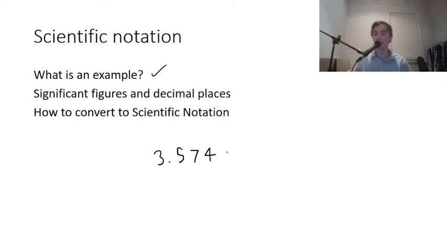Significant figures are all the non-zero numbers, except if I had a 1 here, I would still have to count all of these as significant figures. So from the first to the last non-zero digit, that's how many significant figures you have. And the third thing we're going to look at is how to convert to scientific notation.